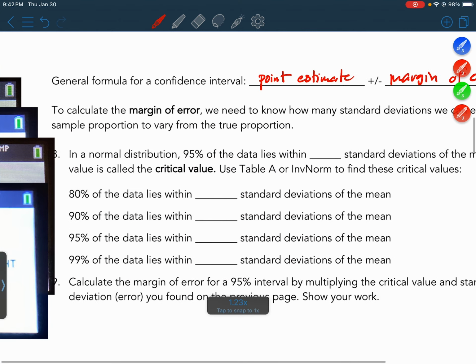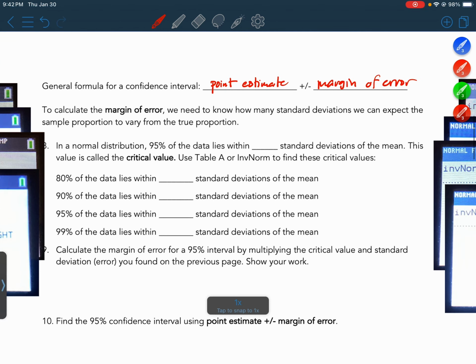So for the first question here, we'll just write in 2. 95% is associated with being within 2 standard deviations of the mean.